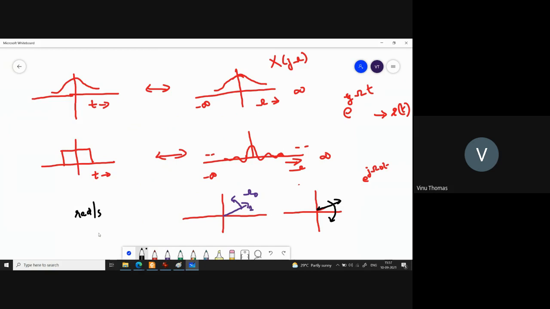You know omega is equal to 2 pi f. So omega by 2 pi will give you f, that is the frequency. When omega is positive, the frequency is positive, and when omega is negative, the frequency is negative.